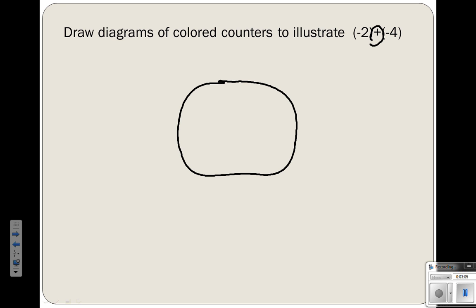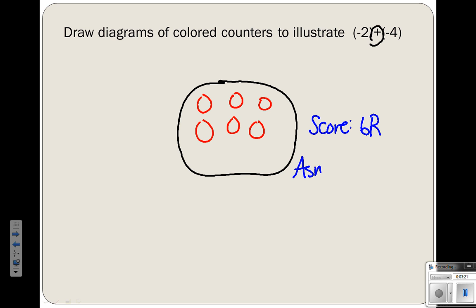So I start with my -2, that tells me 2 red, and then I add in 4 more red. So my score in this case is 6, and we put an R behind it for red. Therefore, my answer is going to be a -6.